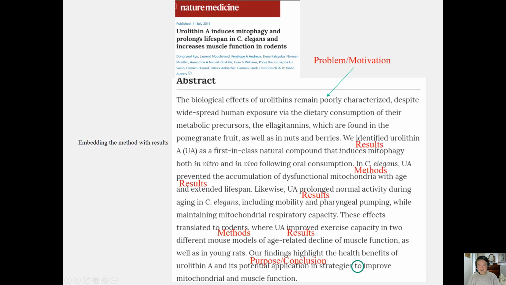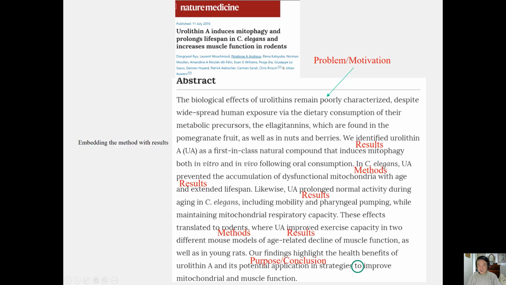We identified urolithin A as a first-in-class natural compound. So this is very much a straight start. They give you the results. They didn't tell you the methods. However, they did use the methods.